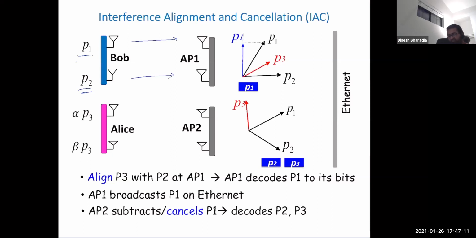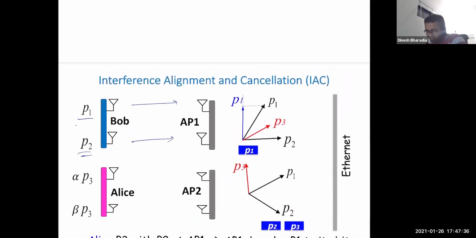What's the first thing to do? Will alignment or interference nulling be sufficient in this case? Let me just show it this way. You can take P3 and null it at AP1, and then just send it to AP2.